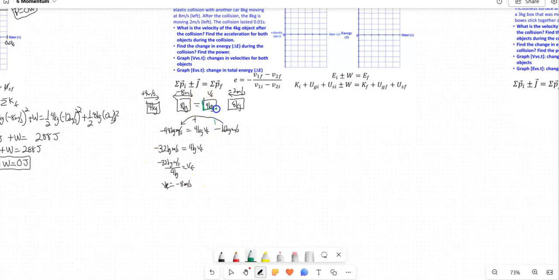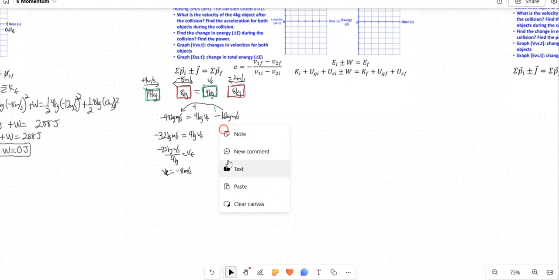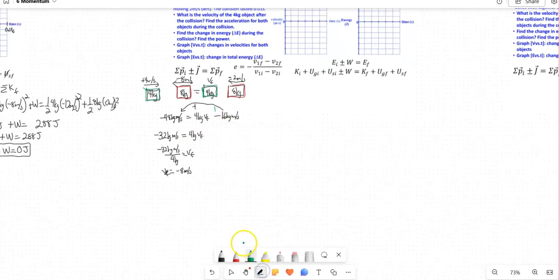So got to remember that that's the green object, and that 8 kilogram guy is the red object. Okay. So, all right. Well, we found the first part. We found what they're asking for. Let's see how this works out for our energy.